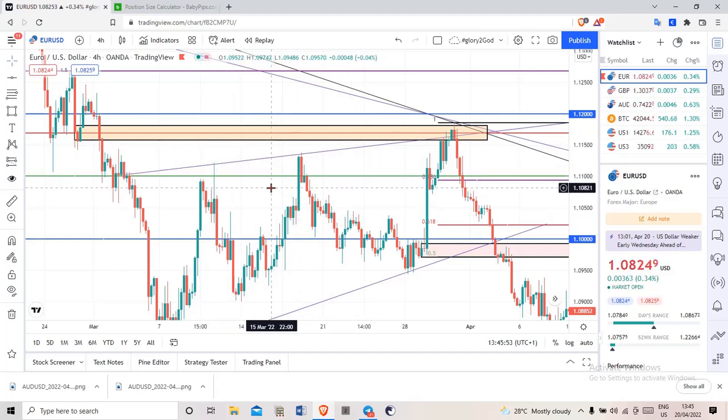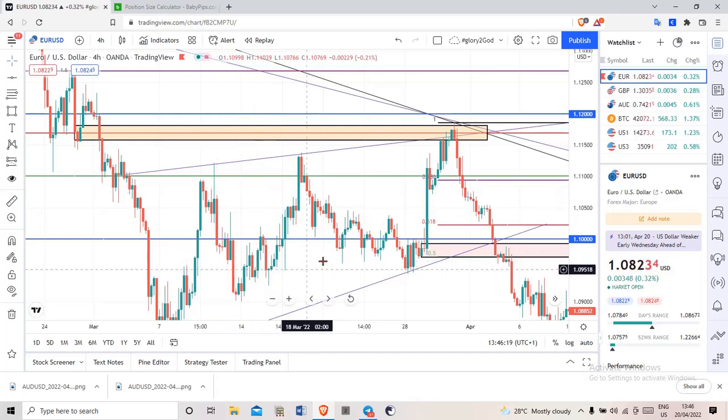use a Euro USD chart, a GBP USD chart, and any other chart. So three different charts: GBP USD chart, Euro USD chart, and any other chart you like. Plot your psychological levels on those three different charts for me, and then use the same charts and plot some trend lines.